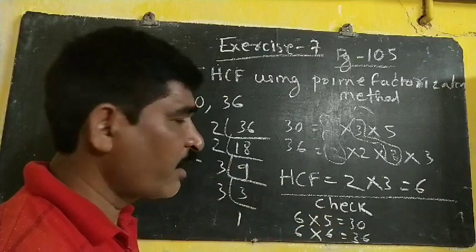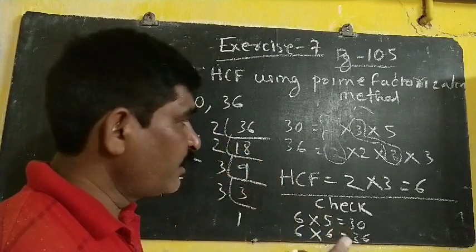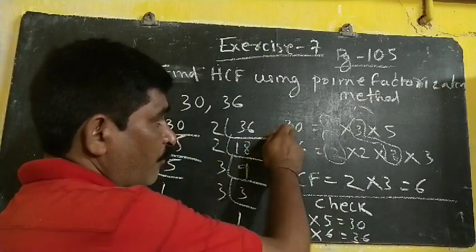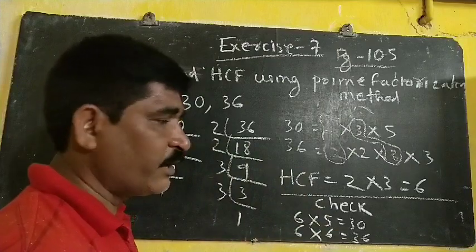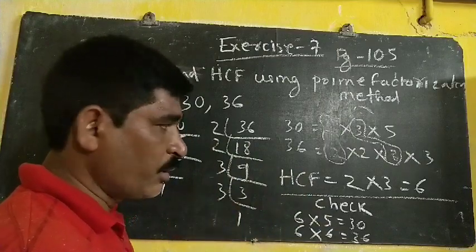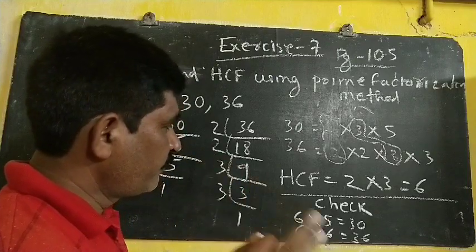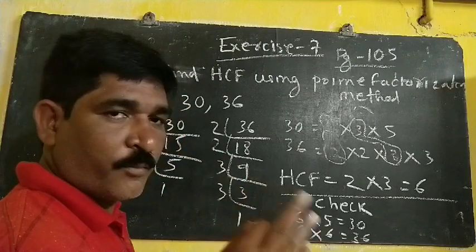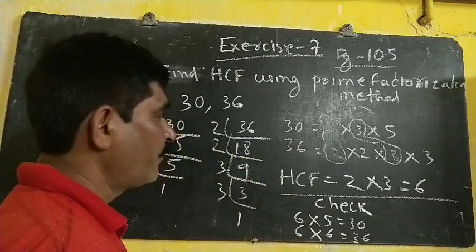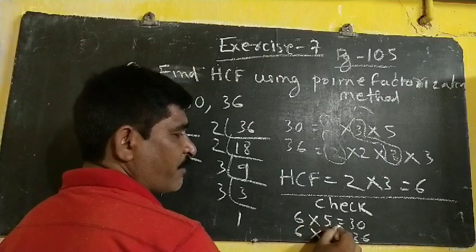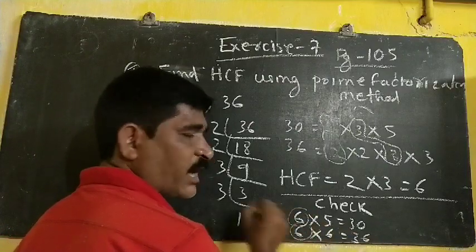HCF means the biggest table in which both numbers are present. So that is the 6 table. There is the 2 table, and the 3 table, then the 6 table. But which is the highest table? 6 table. Okay, look at 6 fives are 30, 6 sixes are 36. So we know that our HCF is correct.